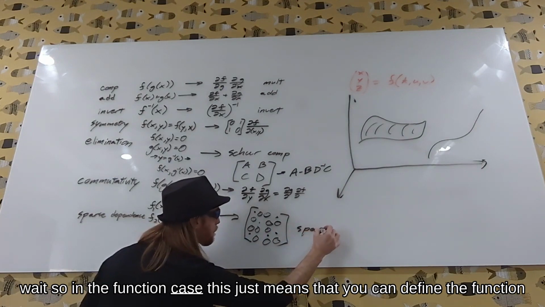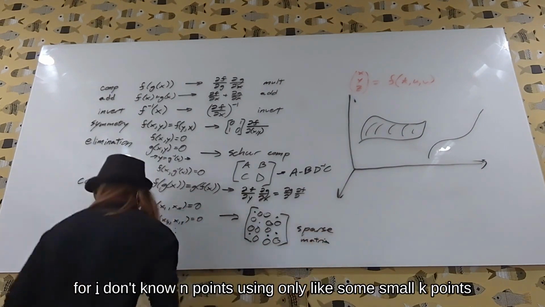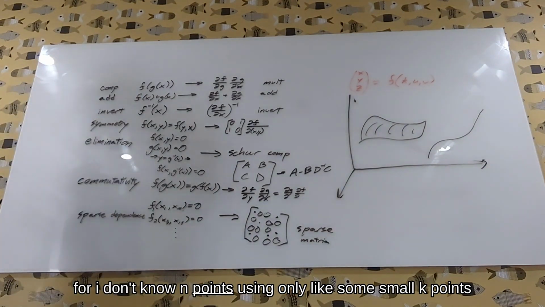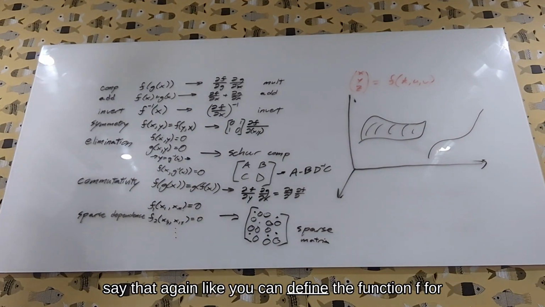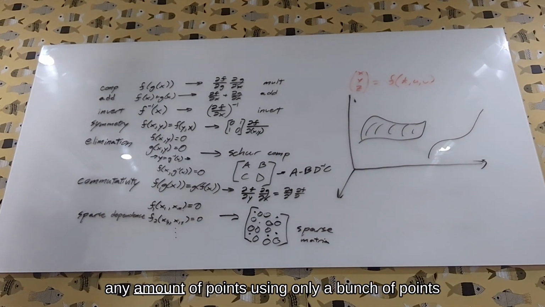Wait, so in the function case, this just means that you can define the function for, I don't know, n points using only some small k points? Say that again? Like you can define the function f for any amount of points using only a bunch of points.